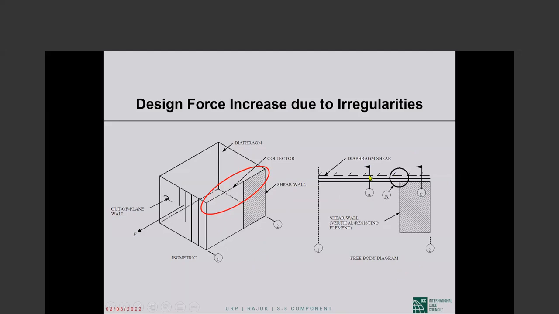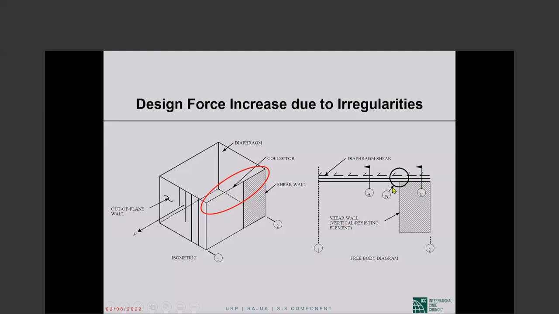So this is the diaphragm to collector connection, A. This is the collector to shear wall connection. I'm sorry, this is the diaphragm to collector connection. This is the collector to shear wall connection. And this is the diaphragm to shear wall connection.